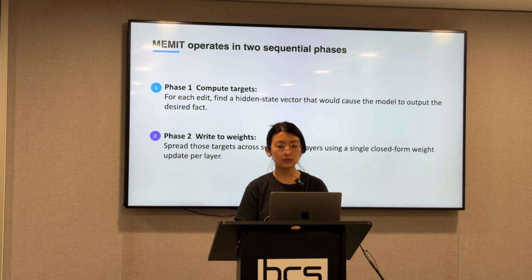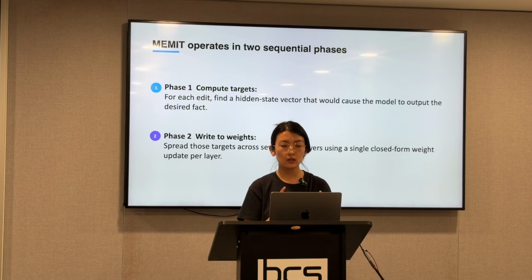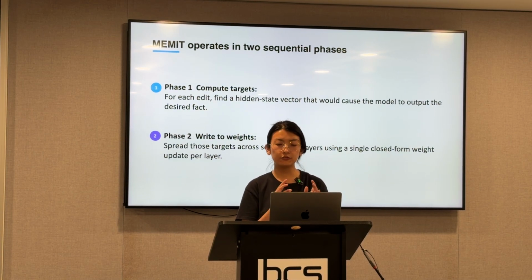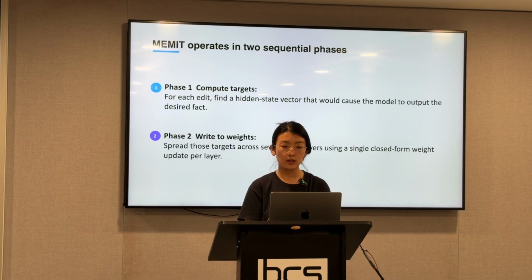And MEMIT does this in 2 sequential phases. Phase 1 is compute targets. For each edit, we compute a hidden state vector that represents what the model should output for that fact, and think of it as finding the target activation that encodes the new knowledge. And phase 2 is write to the weights.